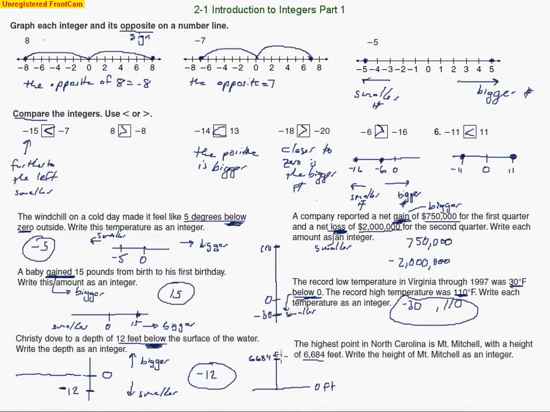Now we are above 0. Since we're going above, these are the bigger numbers. So do we write that as a negative or a positive? Well, since we're above, that's a positive. 6,684 feet would be our answer, or just 6,684 since it's just an integer, but it's positive.